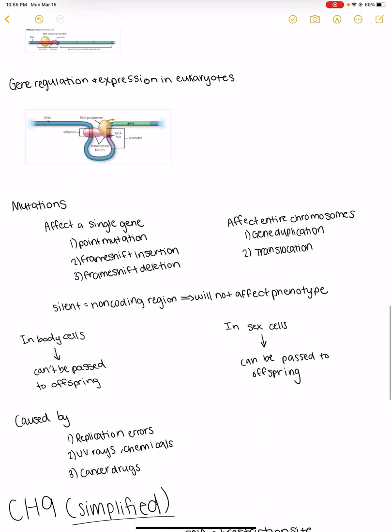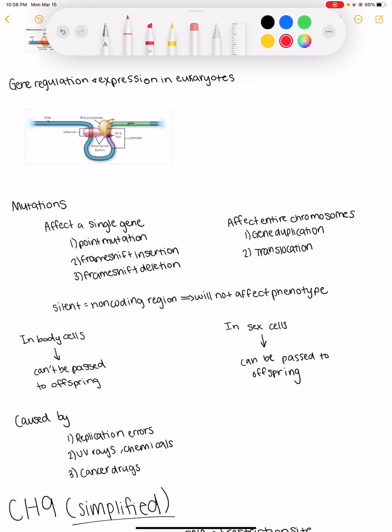We also talked about mutations, again more definition based, but there are images for each of these that can help give you a good visualization of them. There are essentially two kinds of mutations: those that can affect a single gene, and those that will affect an entire chromosome. The examples of mutations that affect a single gene are point mutations, which are when we see an exchange of a nucleotide.